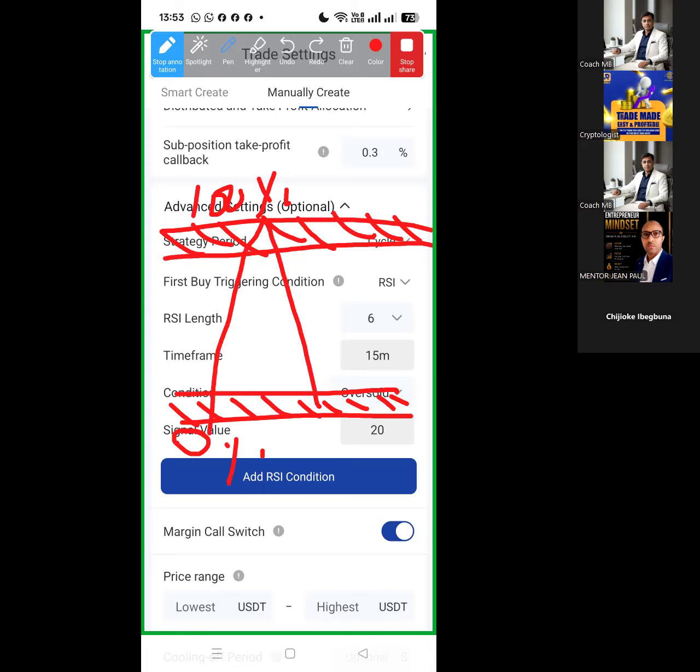So what we see here is from 0% to 20%. From 0% to 20%, this area is called an oversold area. What do we call it? An oversold area. And the same way, from 100%, if it comes down to 80%, from 100 to 80%, this area is called an overbought area.